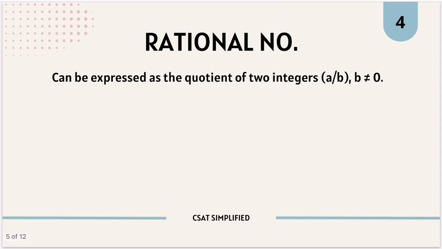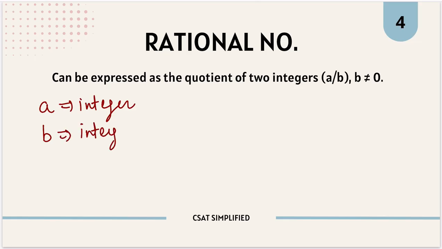Suppose I take two integers. I hope you understand what integers are. Suppose a is an integer. It could be positive, negative, odd, even, I don't care. I just need two integers. I took one integer, I took another integer, and divide them by each other, so a is divided by b.